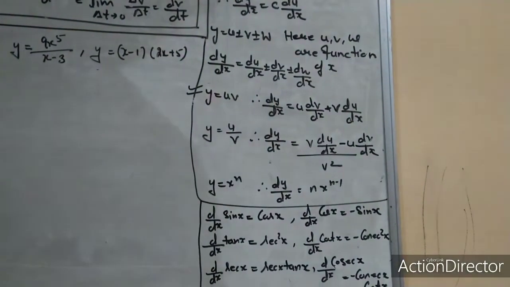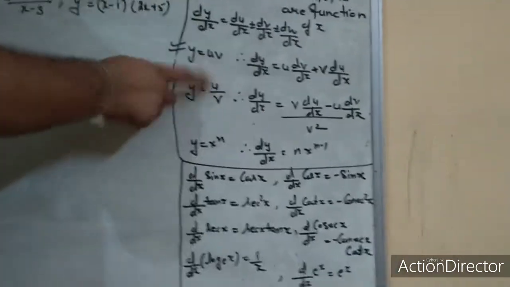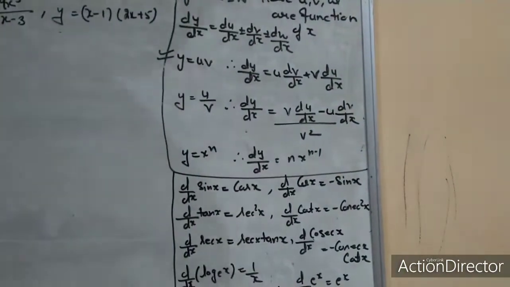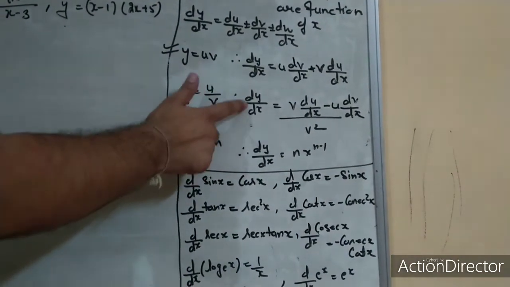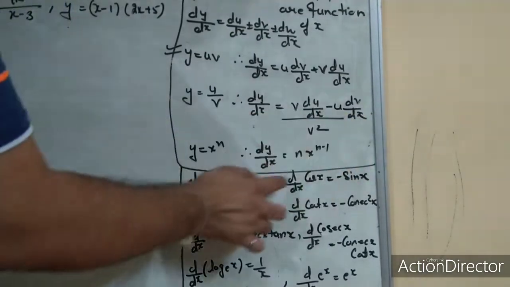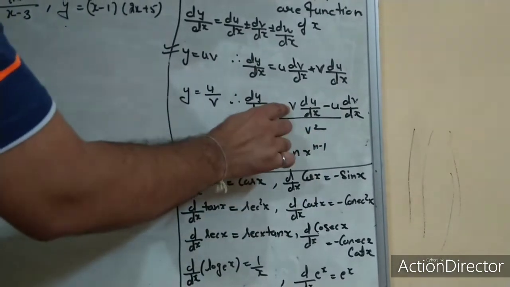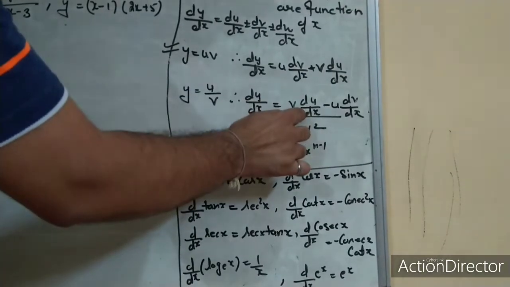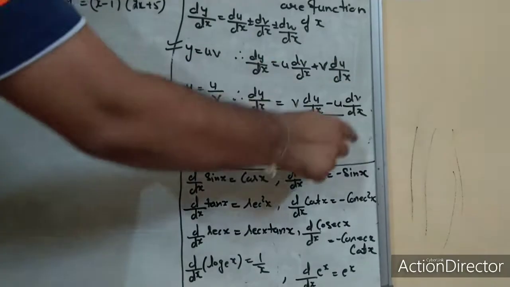Similarly, if y is a function of x in division form, y equals u by v, then its differentiation will be calculated as dy by dx equals 1 upon v squared, taking v on one side, times v du by dx minus u dv by dx. This is also a formula.